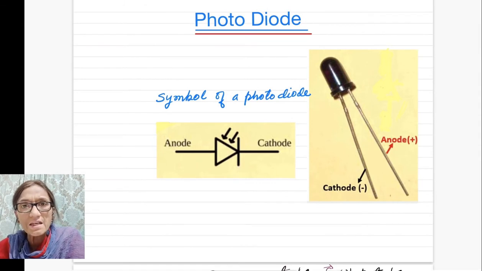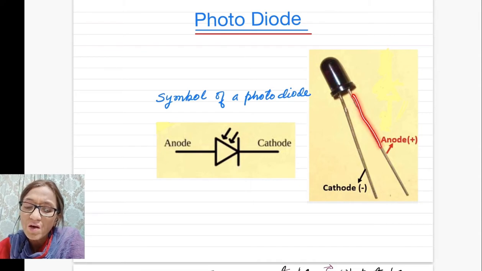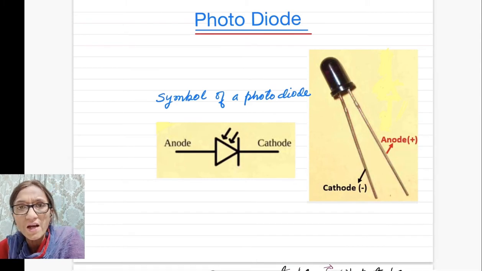Here you can see the symbol of a commercially available photodiode. It has one electrode very large and another small. The large one is considered positive, connected with the positive of the battery, and the small electrode is considered negative.